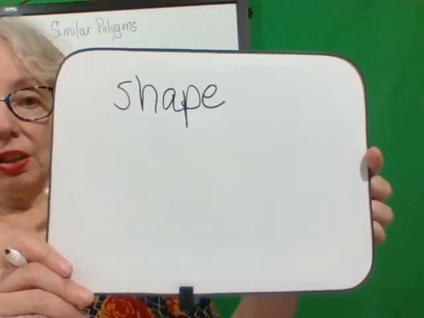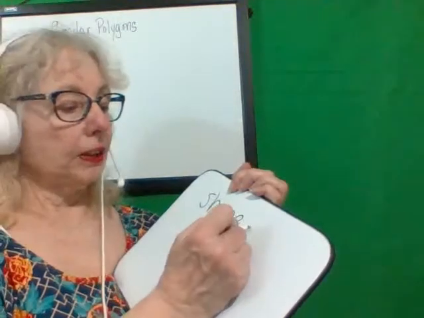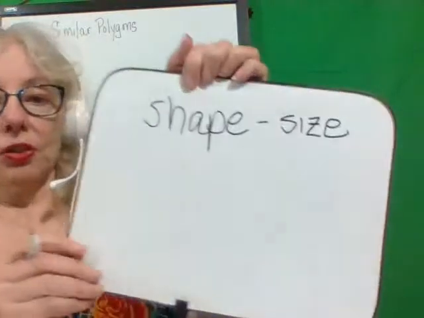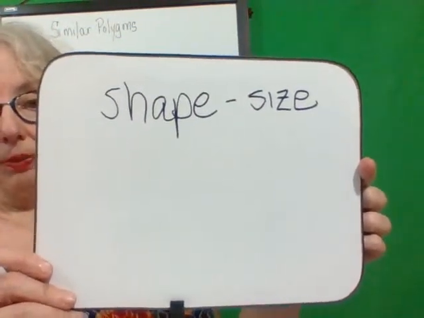So they're identical as far as having the same shape, but they're different because of the size. You will have one that's smaller than the other one, so you have to have two different sizes.